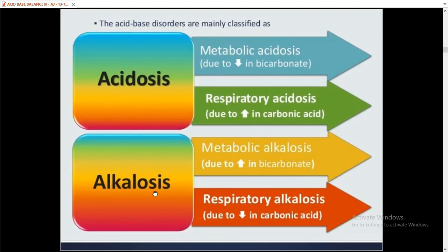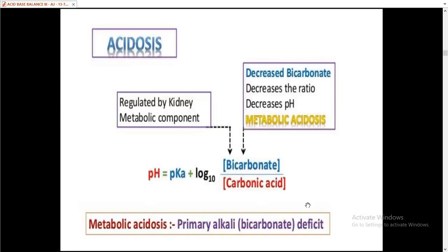In case of alkalosis, in metabolic alkalosis, there is increased production of bicarbonate ions, while in respiratory alkalosis, there is decreased formation of carbonic acid. So, in acidosis, there is decreased pH and decreased bicarbonate, thus decreasing the acid base ratio.